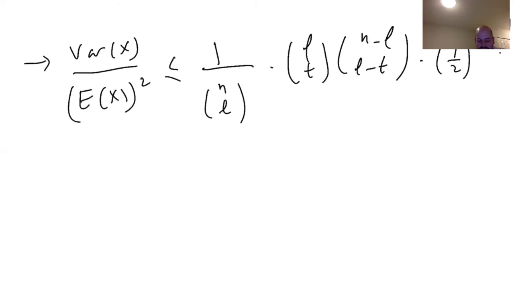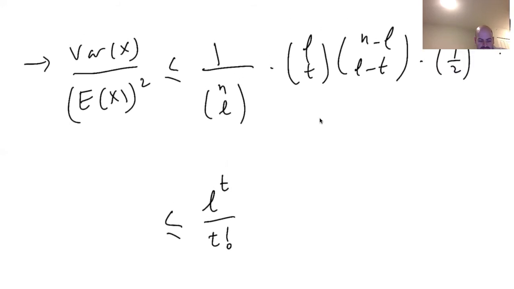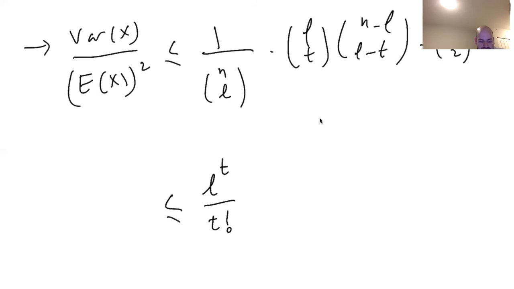Now this one is less than or equal to L to the power t over t factorial. First of all, let me show you this term here: L choose t is less than or equal to L to the power t over t factorial. And then I have what other term? 1 over n choose L. That means times 1 over n times n minus 1 to n minus L plus 1 over L factorial, right?